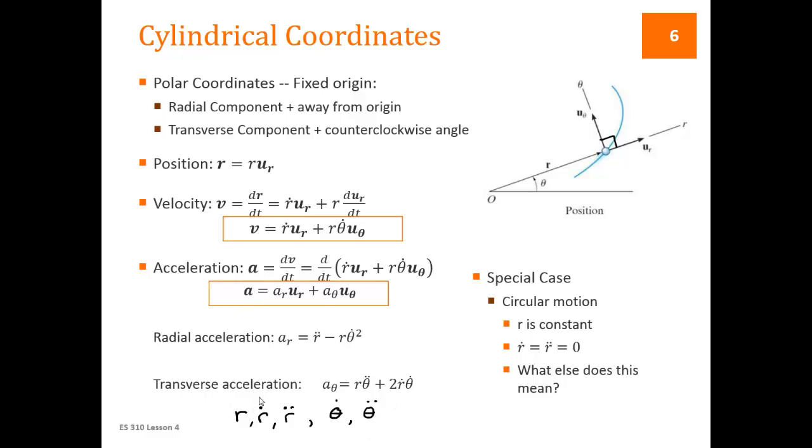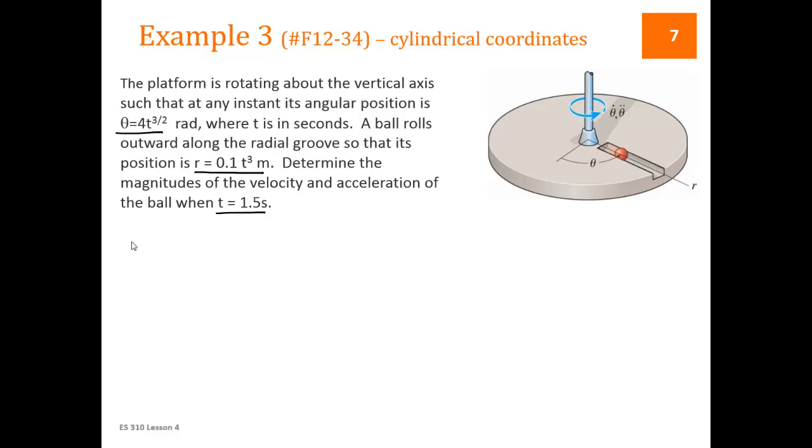So as we said on the previous slide, these 5 variables, if we can find values for these 5, we're set. So we're given r is 0.1 t cubed. And we know that t is equal to 1.5 seconds. So at 1.5 seconds, r is equal to 0.3375. All right. To find r dot, we need to take the derivative of r.